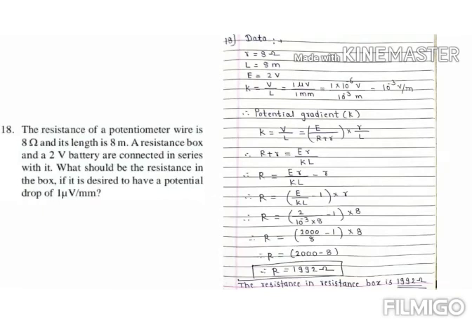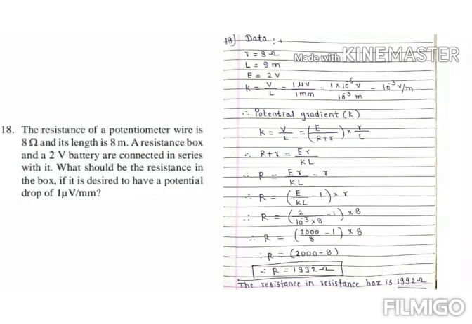Therefore, 1 microvolt is equal to 10 raised to minus 6 volt, as well as 1 millimeter is equal to 10 raised to minus 3 meter. Therefore, the value of K is equal to 10 raised to minus 3 volt per meter.